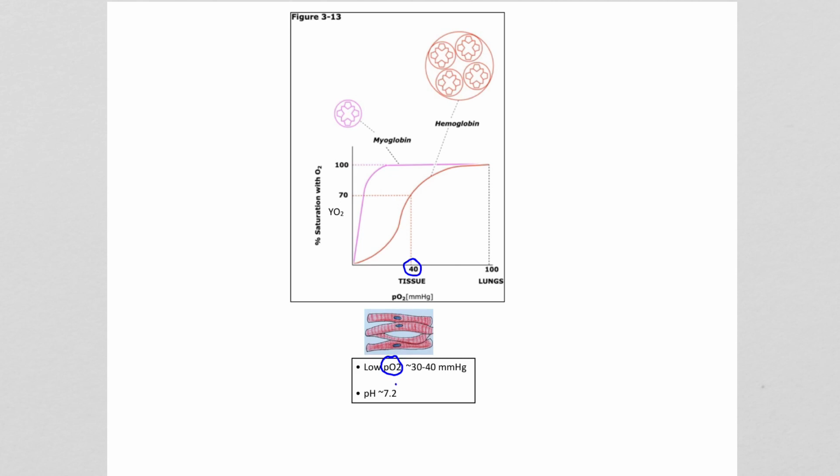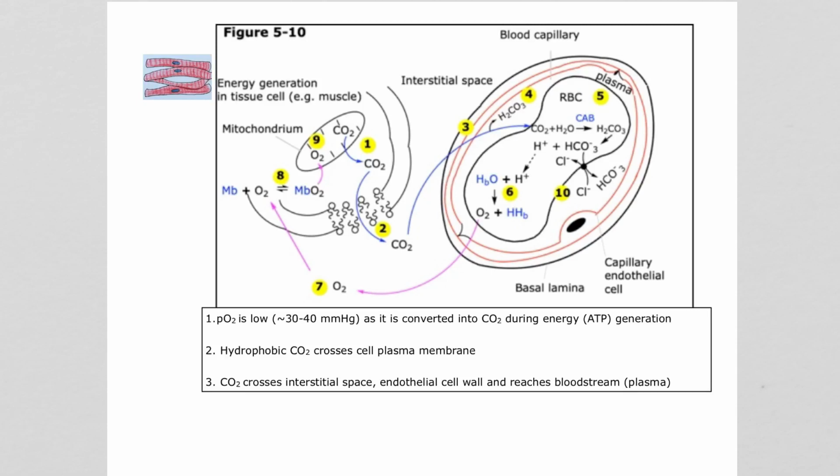The pH is slightly acidic. 7.4 is the normal pH of blood. In tissues such as muscles, the pH is slightly lower at 7.2. So let's look at the key steps that happen in the muscles.